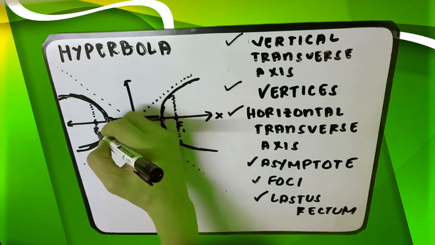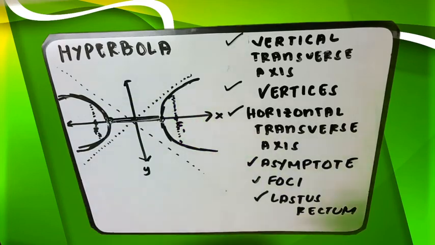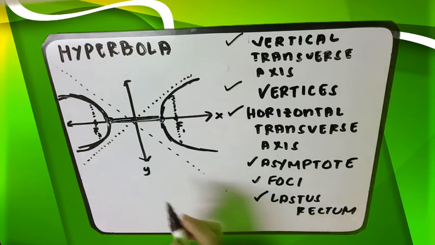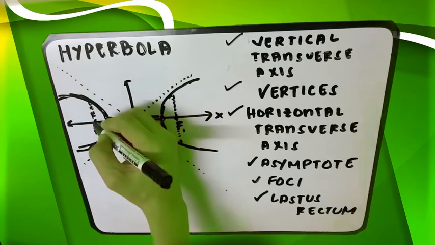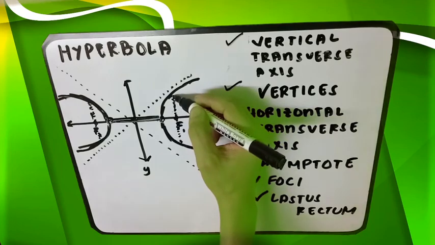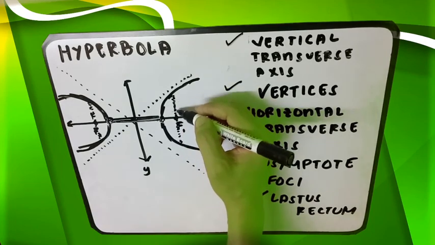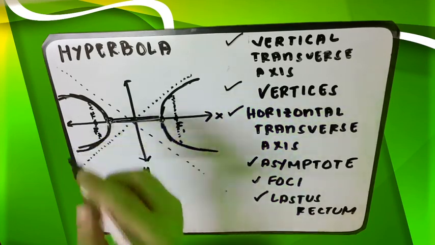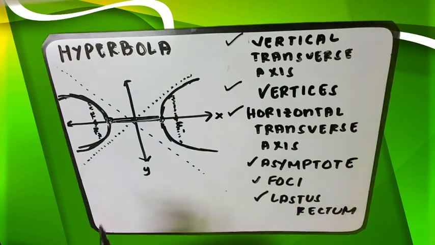Ito rin. Meron din siyang latus rectum dito. Hindi ko alam kung plural na yung latus rectum or meron siyang term na pang singular. So automatic, kung same lang sila ng parabola, same lang ang length ng latus rectum sa right at sa left. So that is the latus rectum.